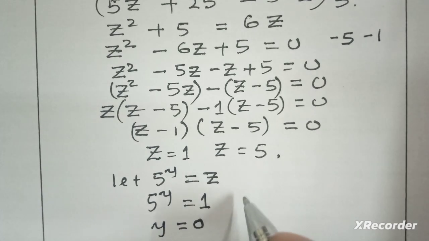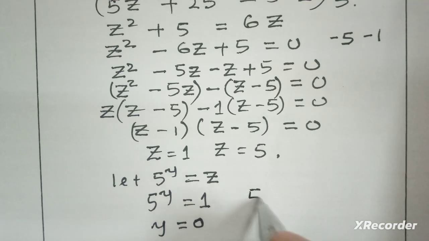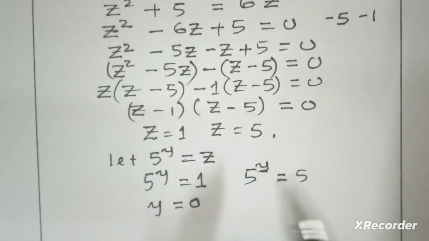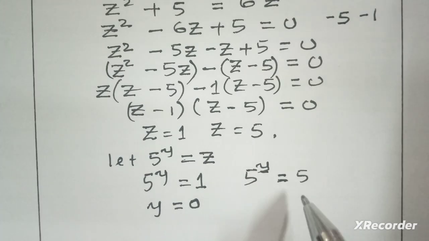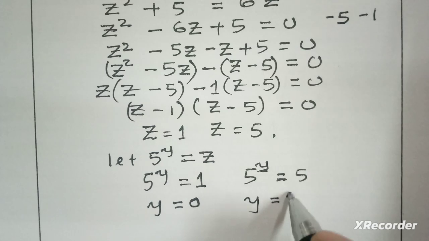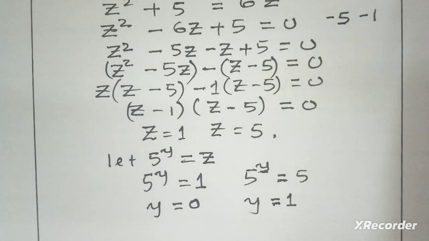Then the other one, z is 5 raised to y, equals to 5. This one is obvious, guys, because if you raise a number to 1, you get 5. So y is equal to 1. But then, guys, we are not looking for y. We are looking for x.